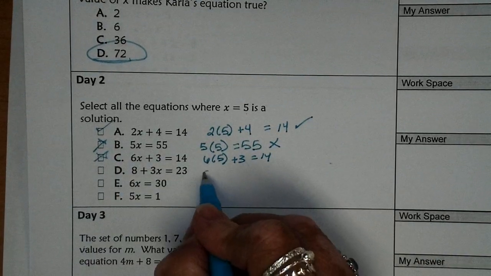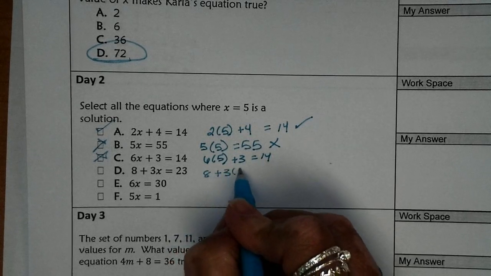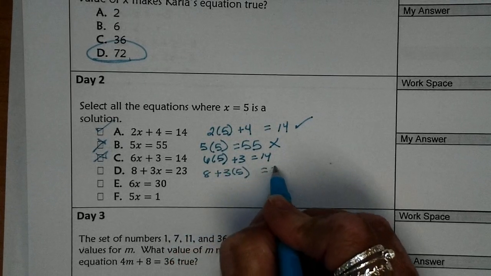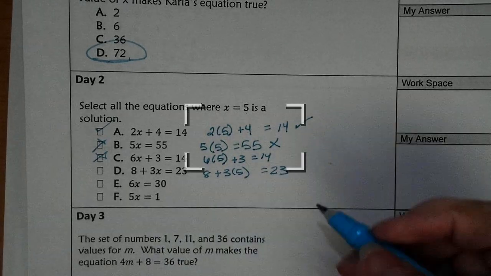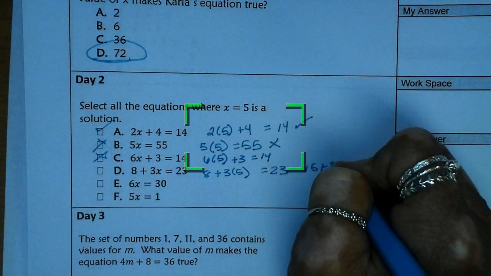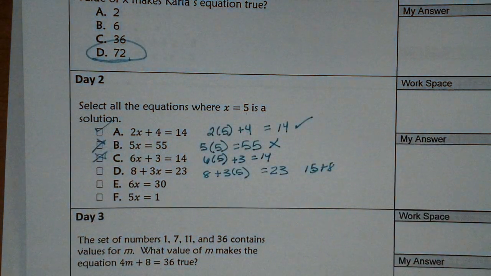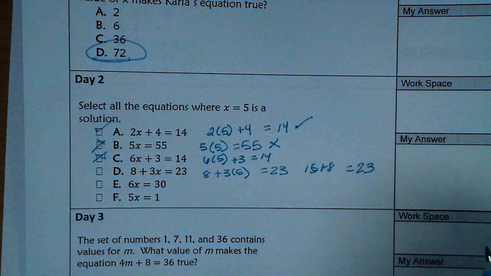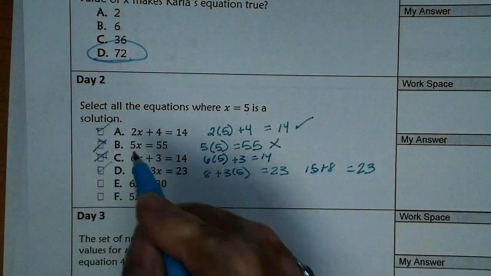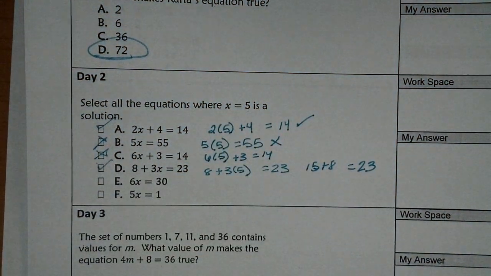What about this one? 8 plus 3 times 5. Does that equal 23? 15 plus 8. Yep. So A and D so far.